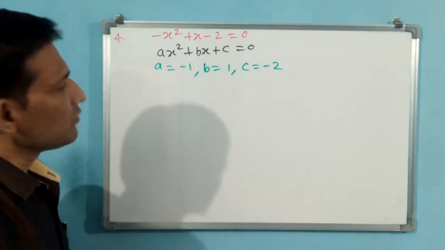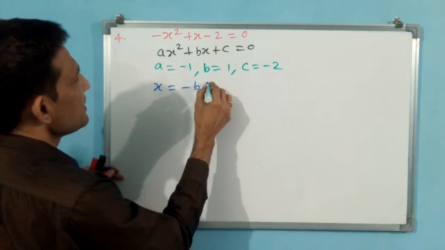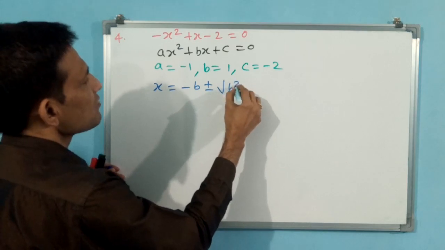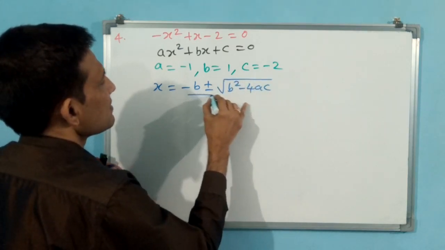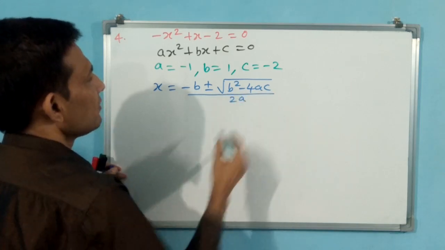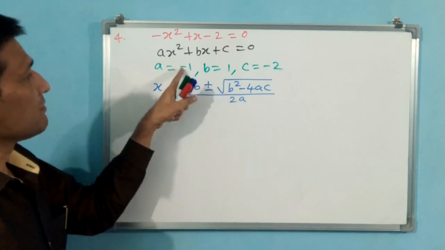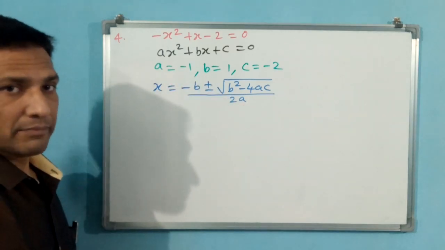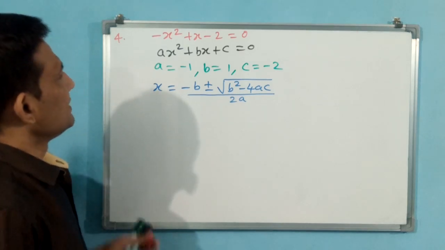Okay, now you write the formula for the general equation. x is equal to minus b plus or minus square root of b square minus 4ac by 2a. Okay. Here 2a means minus 1 is there. Carefully you have to write minus 2, or else you are going to make a mistake. Okay.